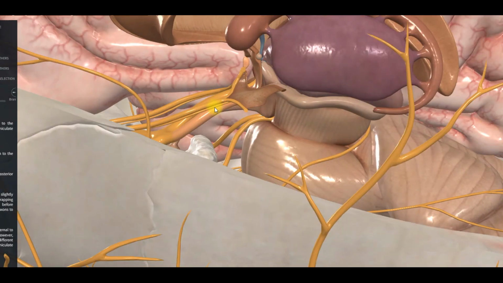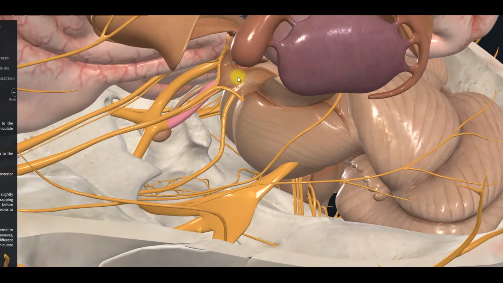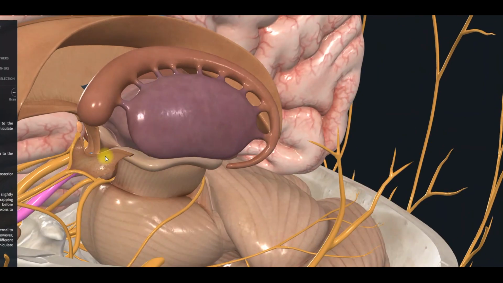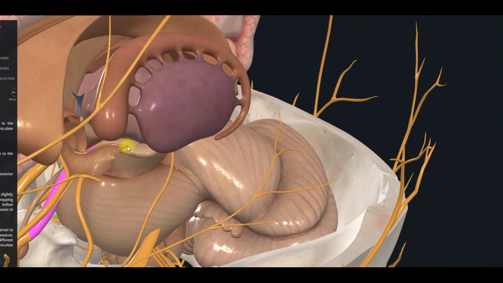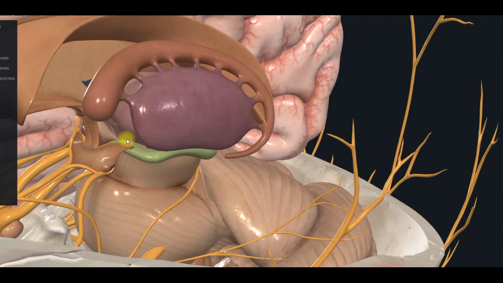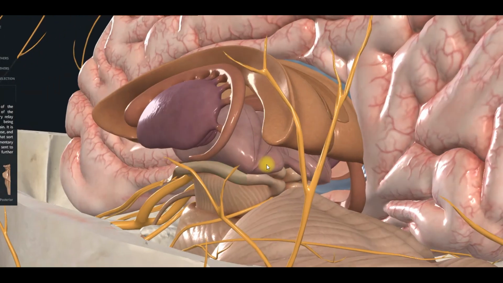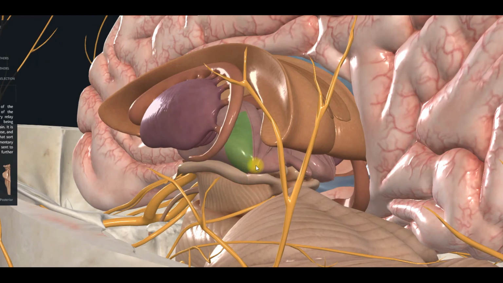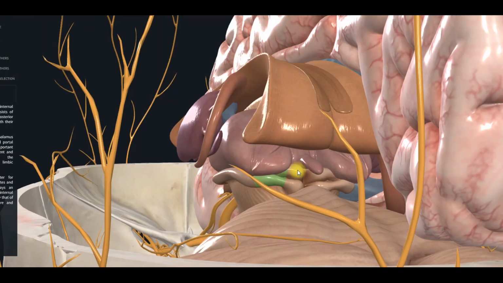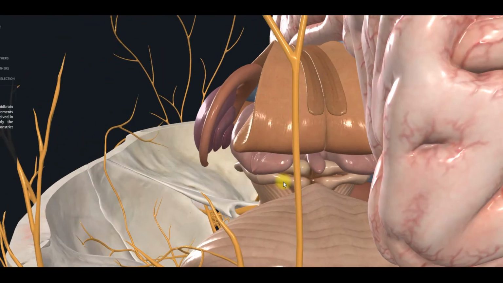The optic tract continues to the midbrain, where it transmits visual information to the lateral geniculate body, which distributes this information to the pulvinar of the thalamus and to the superior colliculi of the midbrain.